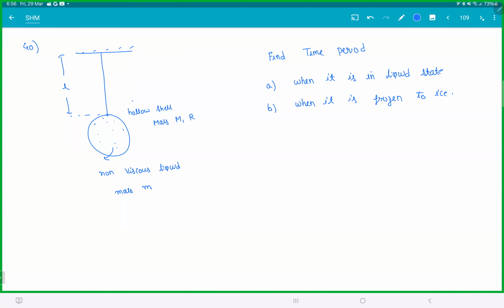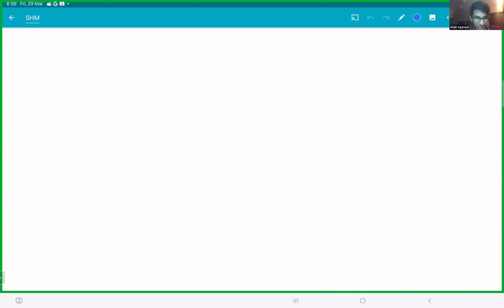What is the answer, everyone? You just need to find the value of I. Yeah, but it's very long, how will you type it out? No, let it be. Check. See whether you got the same thing. So first case, when it is water, what will happen? Water does not rotate, no? So you just take it like a mass.